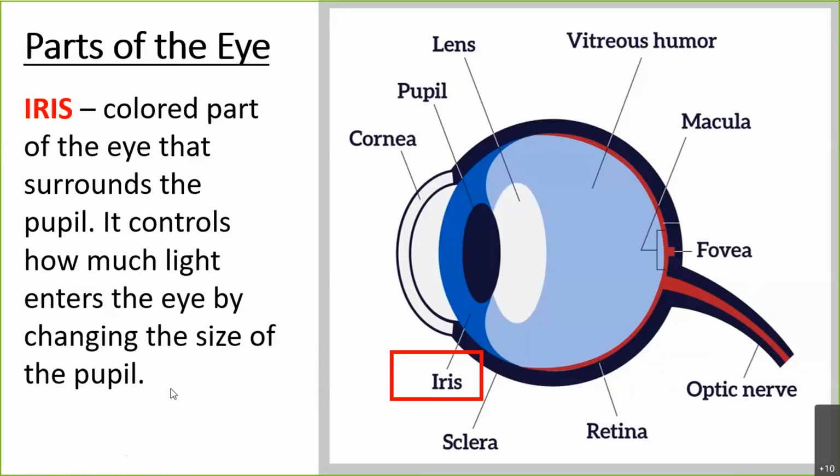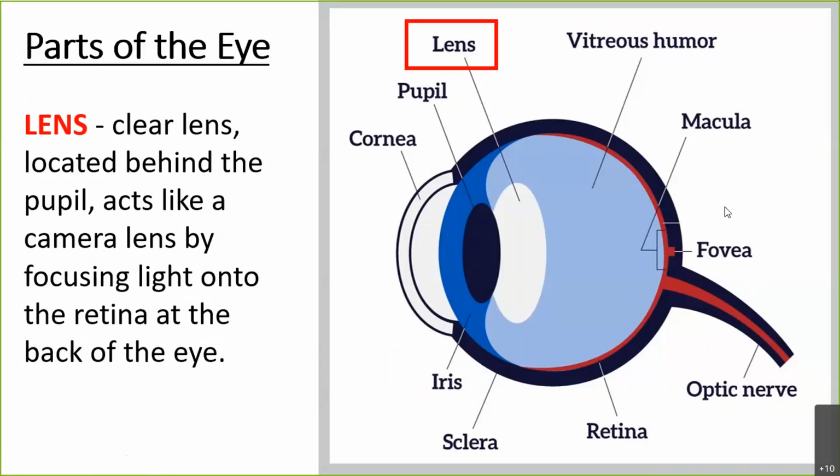So the iris is the colored part that surrounds the pupil. Then we have the lens. And true to the name, it's just like the type of lens that we talked about.